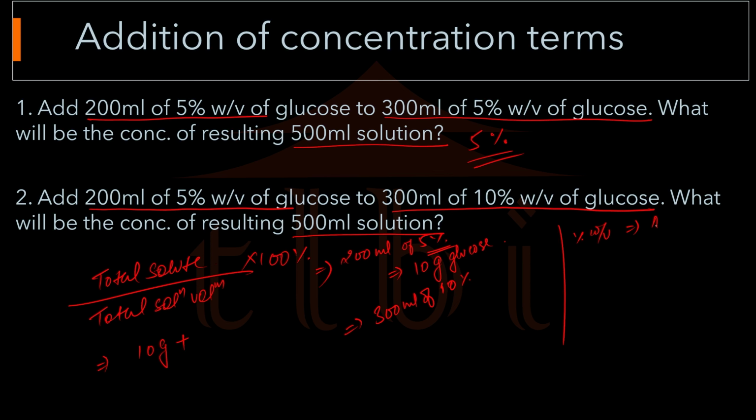We calculate amount of solute in grams divided by volume, times 100%. So he has made how much? 10%. Amount of solute, this is what we want to find. Okay, let's call it X. Volume is how much? 300 ml, and obviously 100%.